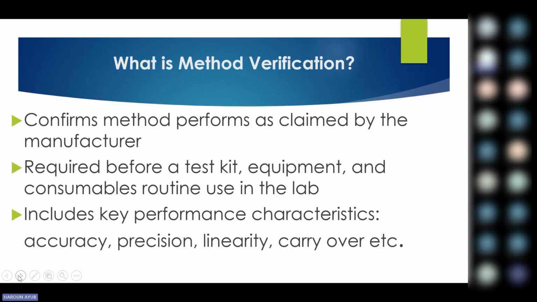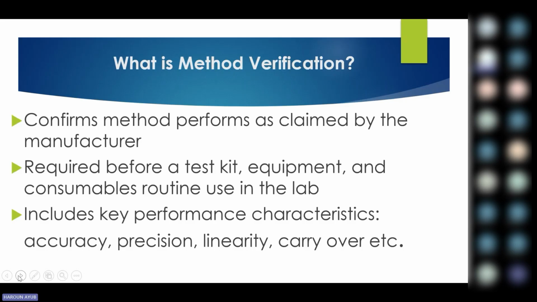Under linearity, we are just checking the limits of the analyzer. Can it perform as per the analytical measurement range of the equipment? If you are saying that the equipment needs to read an HB of this particular high value and a low value of this, is the machine able to do that?